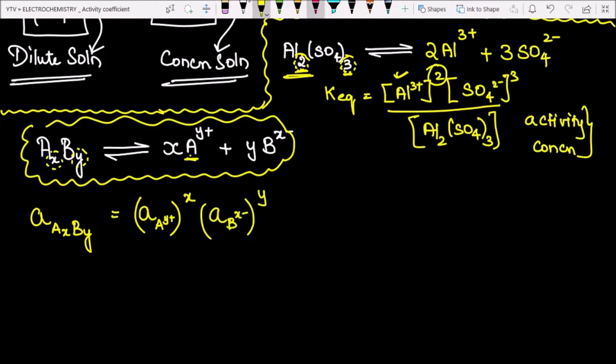Now what did we derive just now? We derived that gamma is equal to activity by concentration. Then activity is equal to gamma into C.